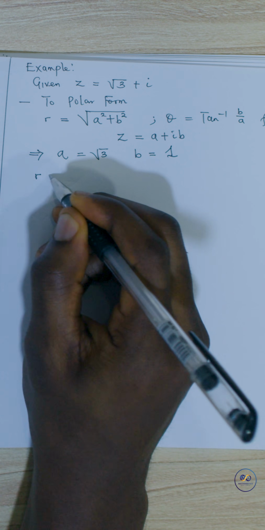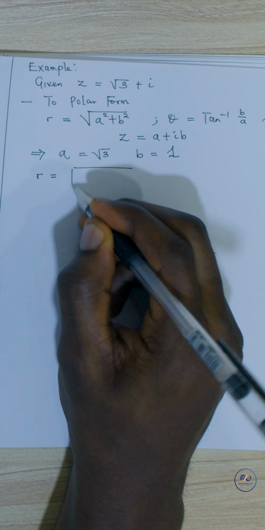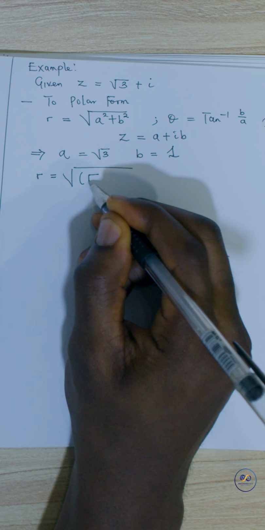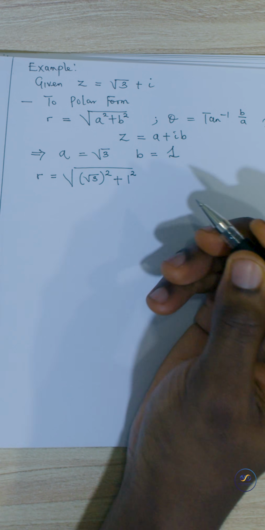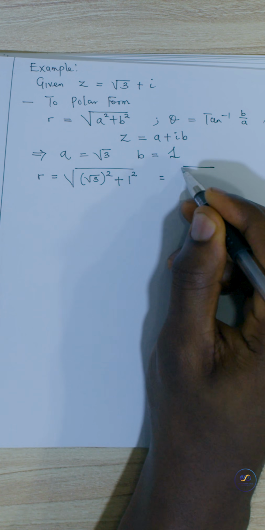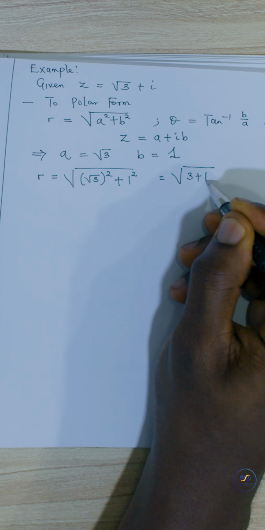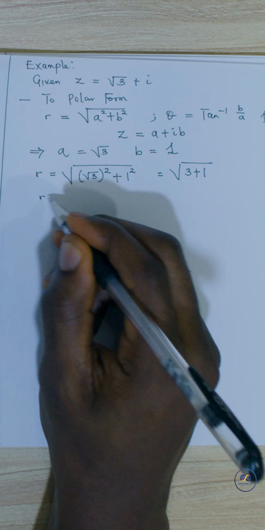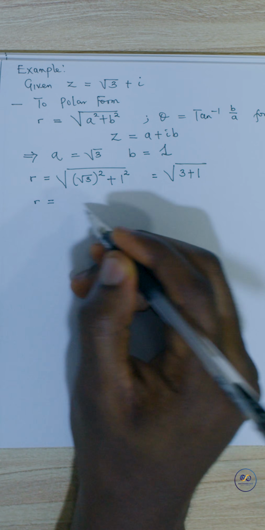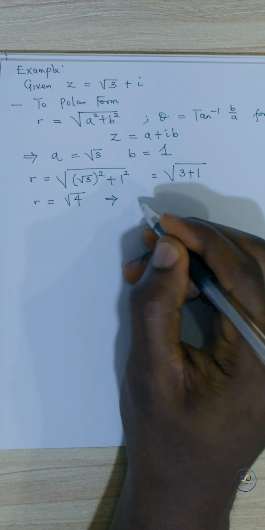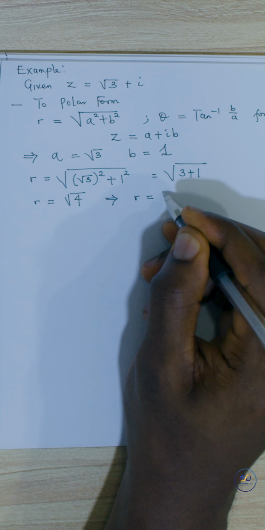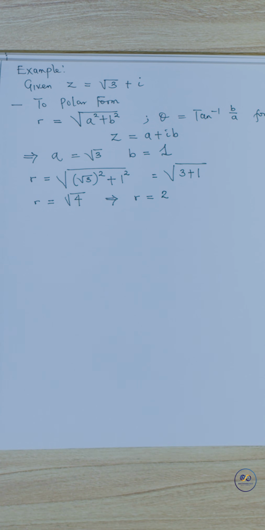So for the modulus, we would have the square root of root 3 squared, then plus 1 squared, which would give us the square root of 3 plus 1, which means that the radius or the modulus is the square root of 4, which in this case means that the modulus is 2, right? So the radius in this case is 2.